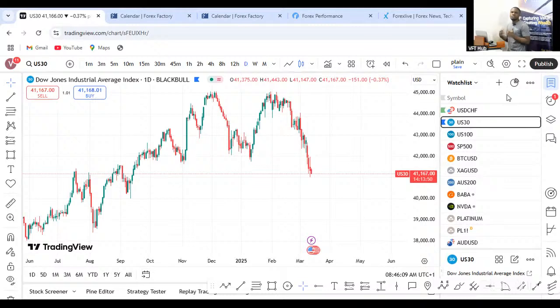Majorly, the driver of the market for the past 1 month has been the tariff plan, the tariff game that President Trump has been playing. That card has been very shaky in the market, seeing that we even see a sell-off across US tech companies. Tesla is already 45% down year to date, which is very significant.